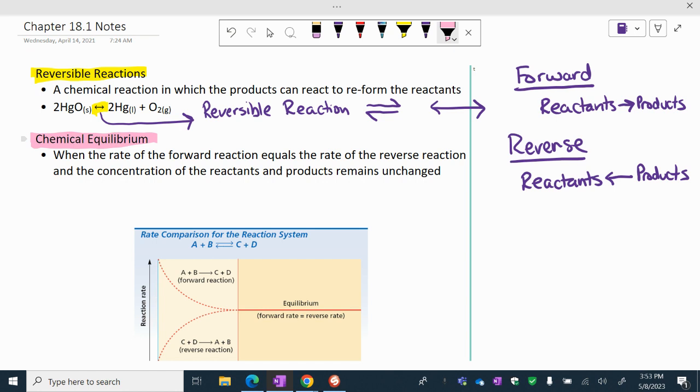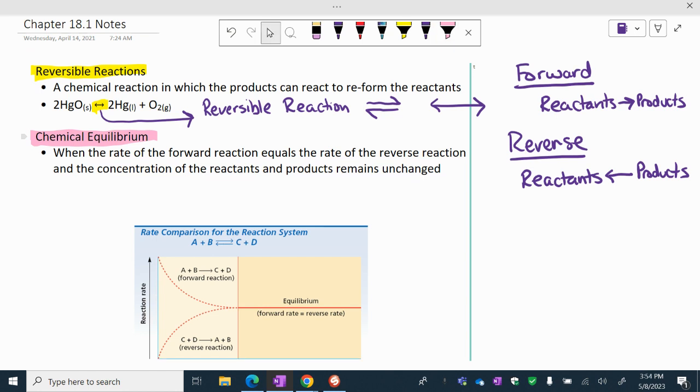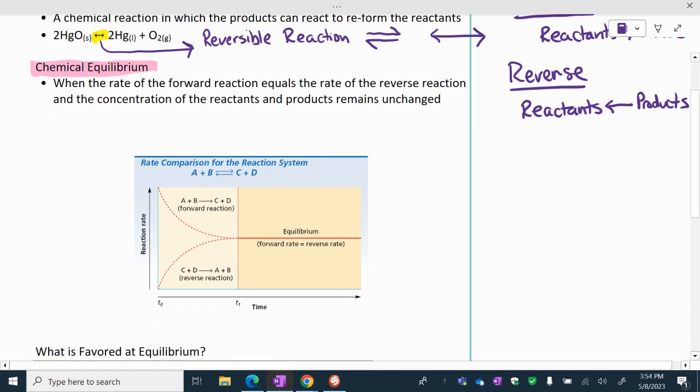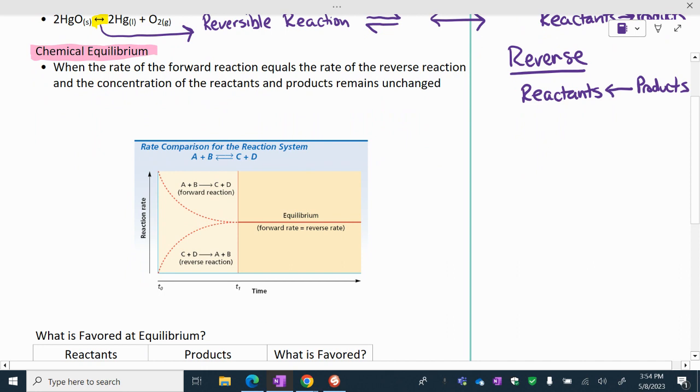And so we can look at a graph of a system moving towards equilibrium. You can see that we have the reactants A plus B forming the product C plus D. And so initially, you only have reactants and no products.